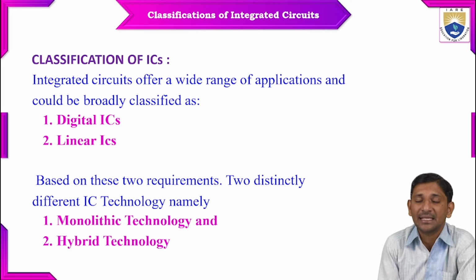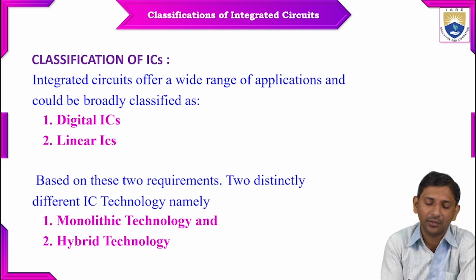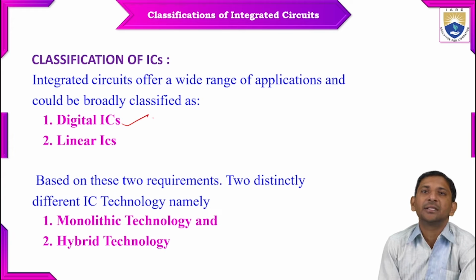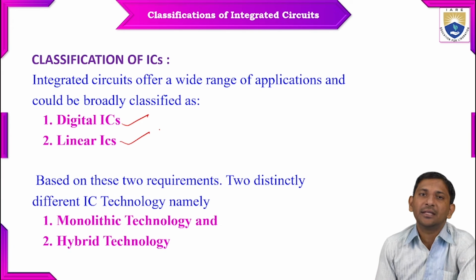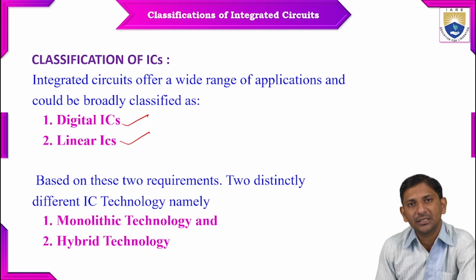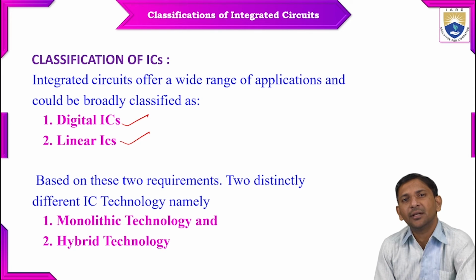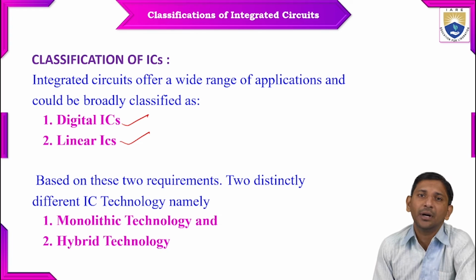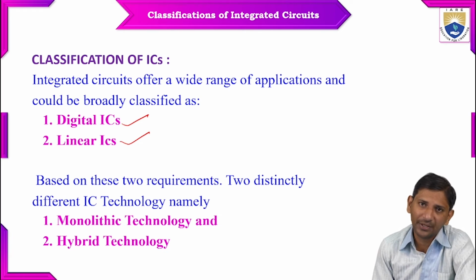So they are classified into two types. One is the digital integrated circuit, and the next is the linear integrated circuit, or analog integrated circuit. Digital integrated circuits work for digital applications, where the performance involves bit operations or digital operations.